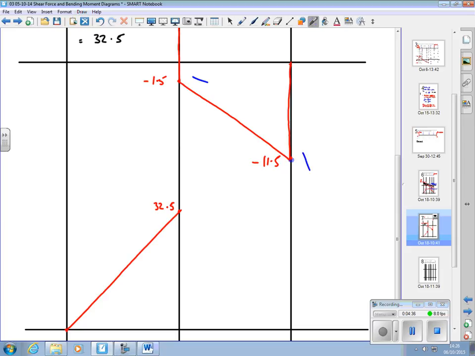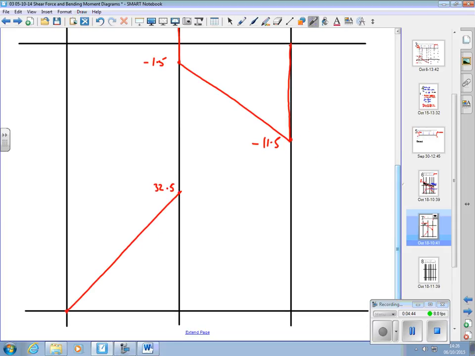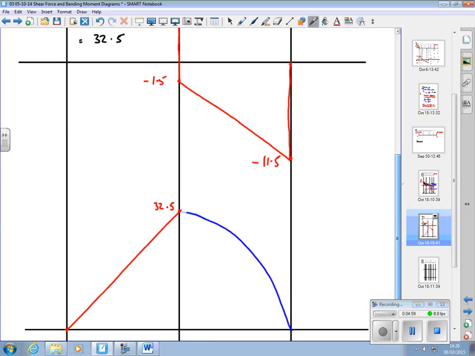Minus 11.5 is going to look a bit like that, isn't it? So the gradient is not constant. What would it look like between these 2 points, do you think? A curve, yeah. A curve starting off flat with a low gradient and getting more and more negative until we get down to here. That's what it'll look like, okay?